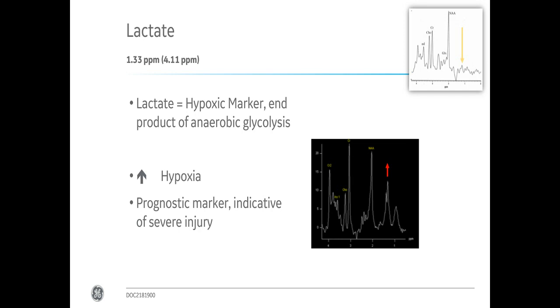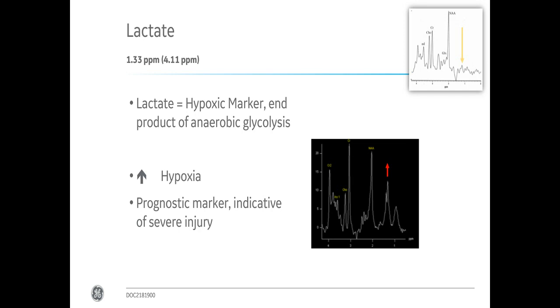In case the brain is not getting enough oxygen, it uses this process to get energy, and in that process lactate is an end product. So we can say that lactate is a hypoxic marker, and therefore we see increased lactate, or lactate at all, in hypoxia.